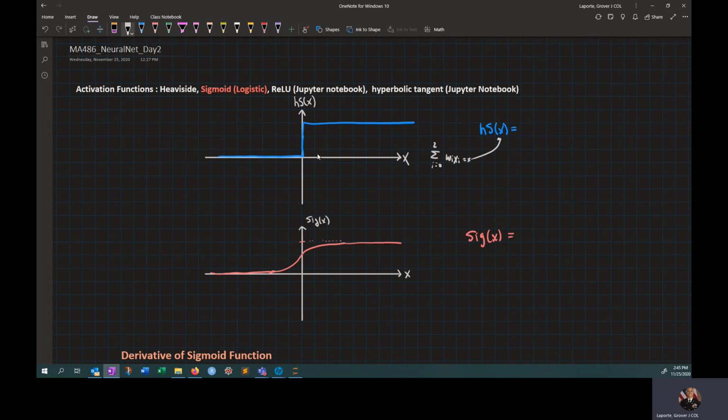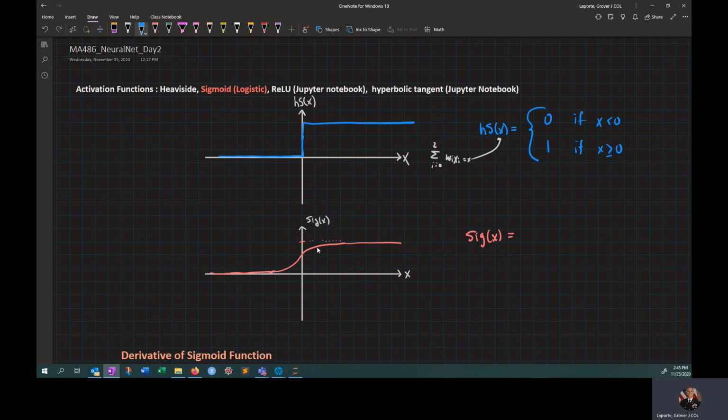Whatever you pass in, if the value is greater than 0, you give it a 1. If it's less than 0, you get a 0. So it should look something like this, where 0 if x is less than 0, and 1 if x is greater than or equal to 0, so it goes up right at 0.